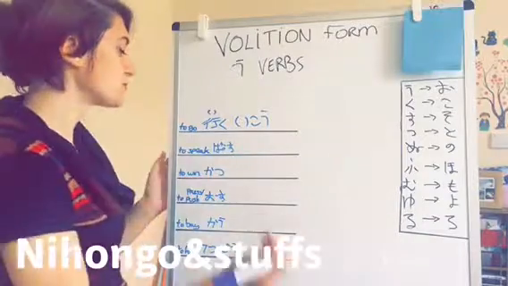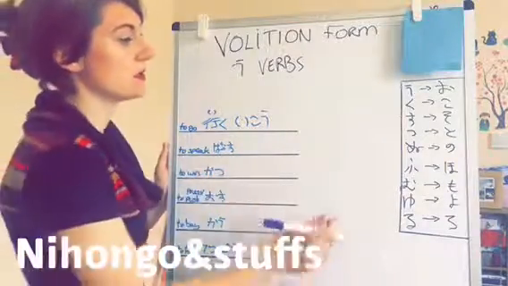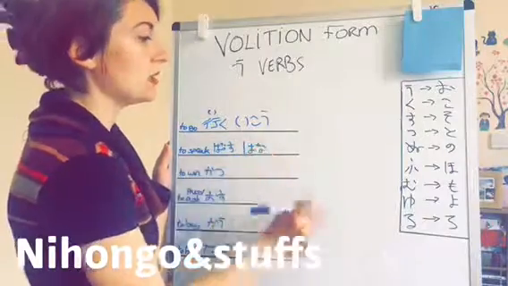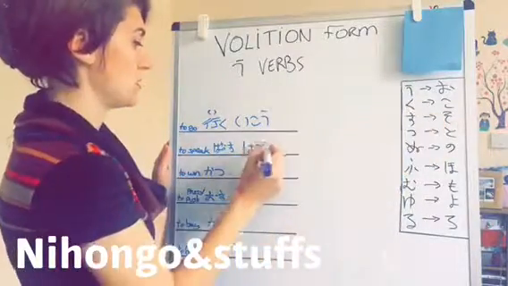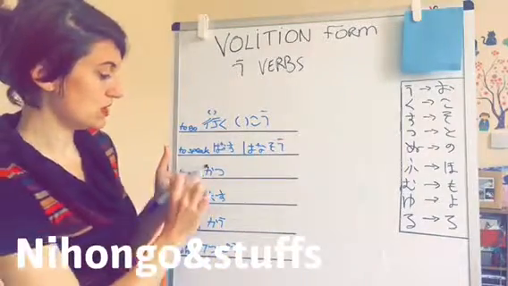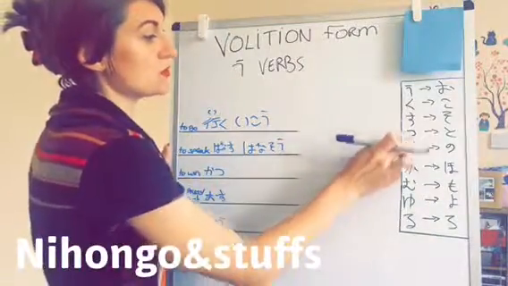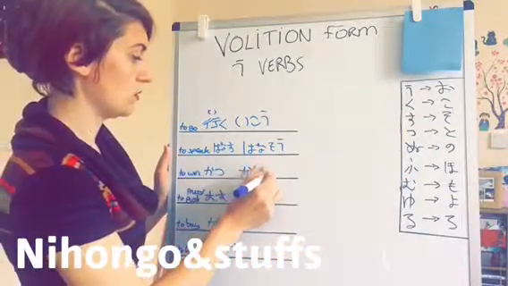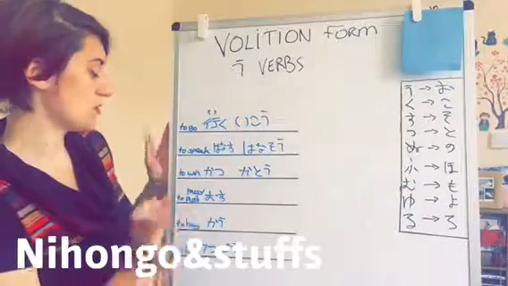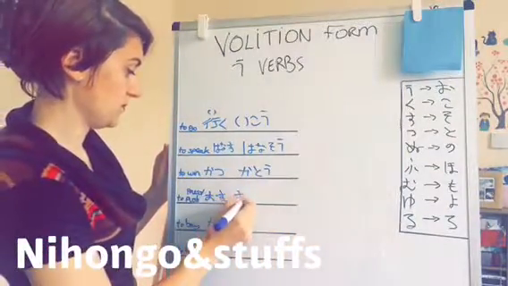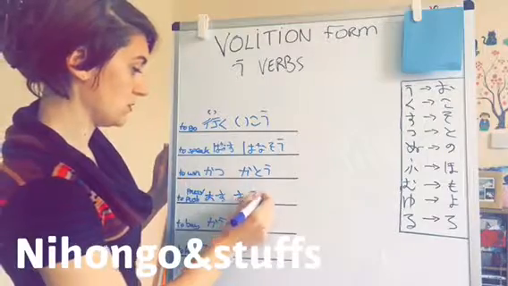Iko. To speak, hanasu, so we're going to go ha-na, and change su to so, hanaso. To win, katsu, becomes kato. To press or to push, osu, su again, so, oso.